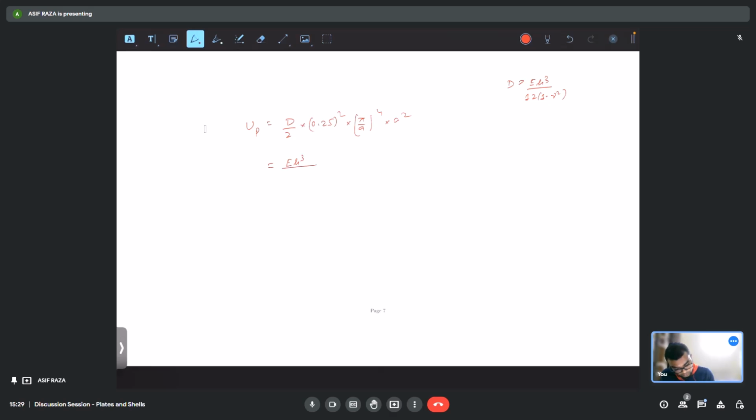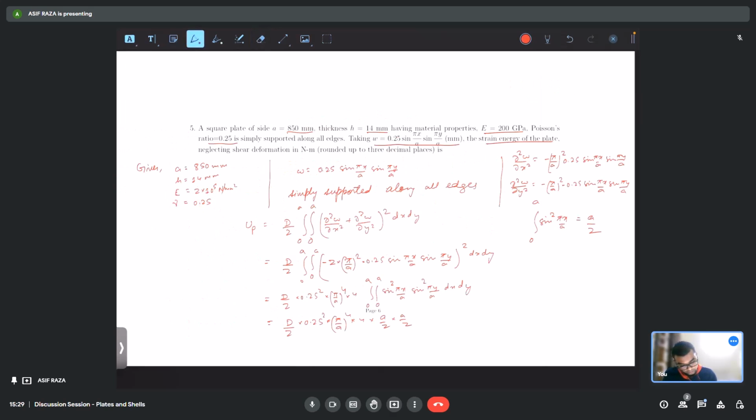E h cube 12, 2 is 24, 1 minus mu square. This is 1 by 4. This gives me 1 by 16. Pi by 4 A square. Sorry, pi by 4 A square.